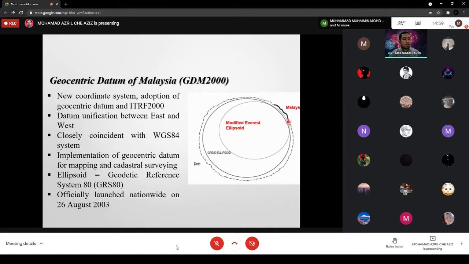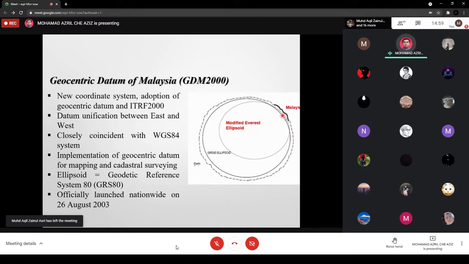Okay, if you look at this image, this is the modified Everest, and then you have the GRS80 ellipsoid. For example, this one is Malaysia.